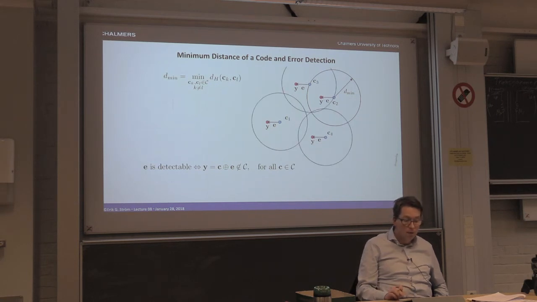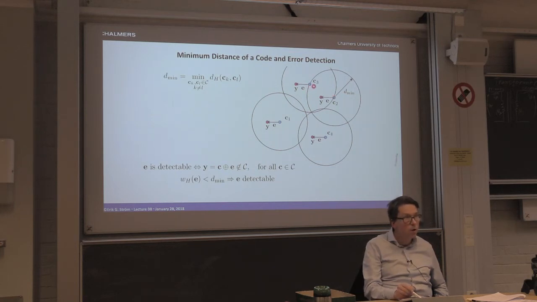So here we see something interesting: if we take this sphere and put it around all code words, then as long as the error pattern is confined to the sphere, a little bit inside the sphere, not completely on the border, but one step in, then it will never reach another code word.